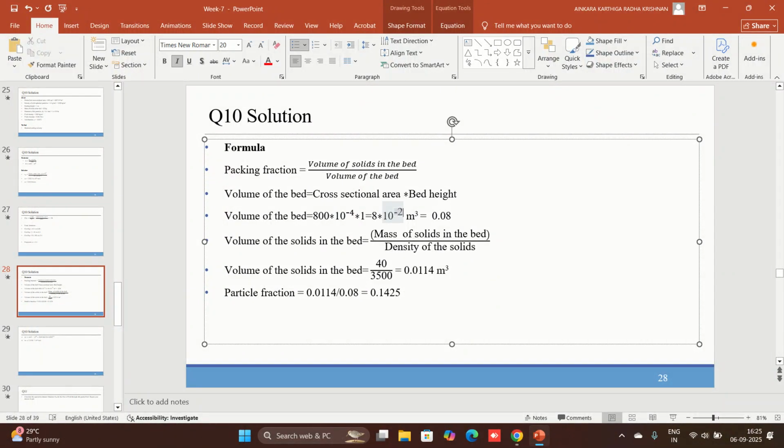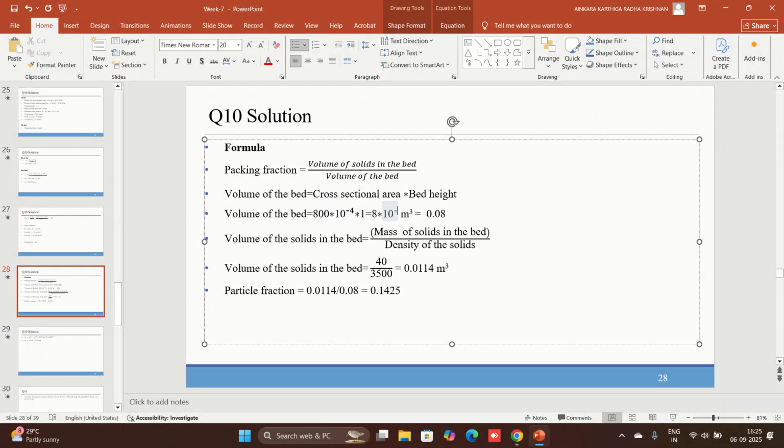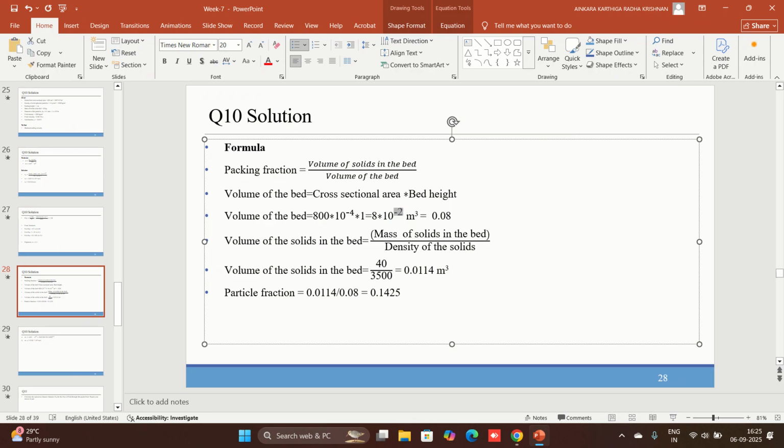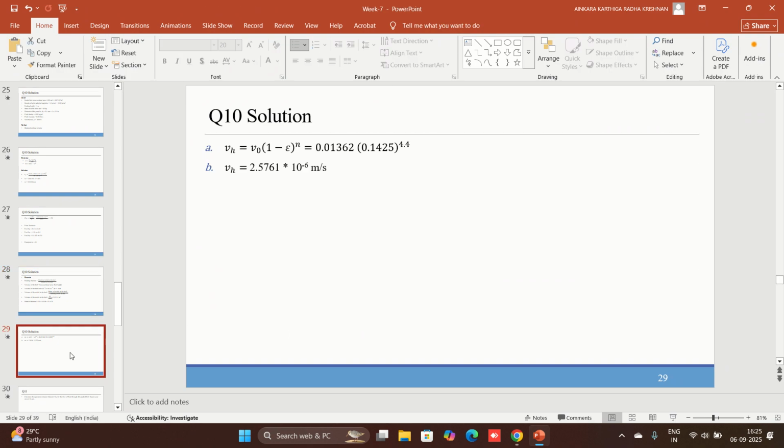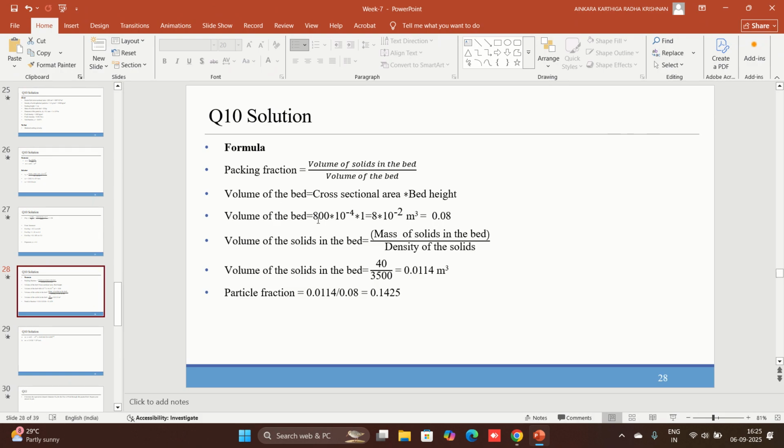Everything is zoomed out. It is looking very odd.